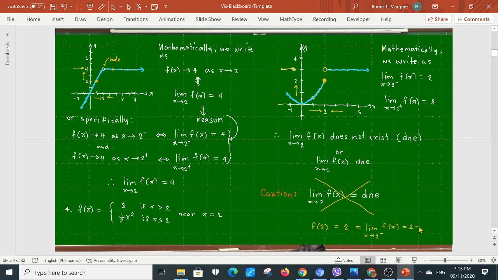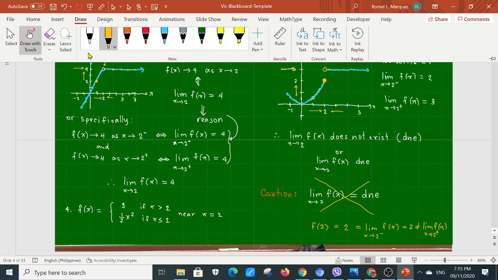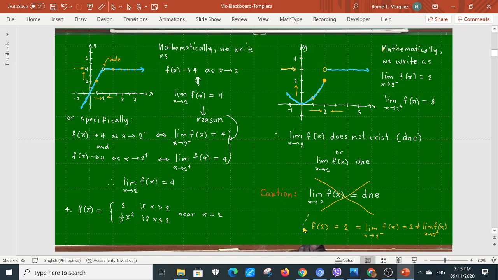Pero not equal saan? Sa limit from the right. Not equal to the limit from the right. So they don't have the same value. Let's move this a little to the right.